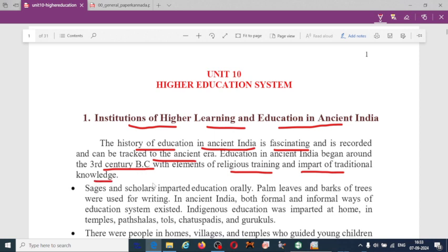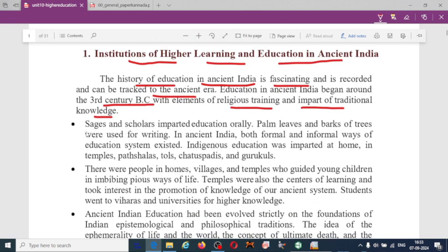The majority of the education subject is about religious training and imparting traditional knowledge. The sages and scholars, sages being the teachers and scholars being the students, imparted education orally.